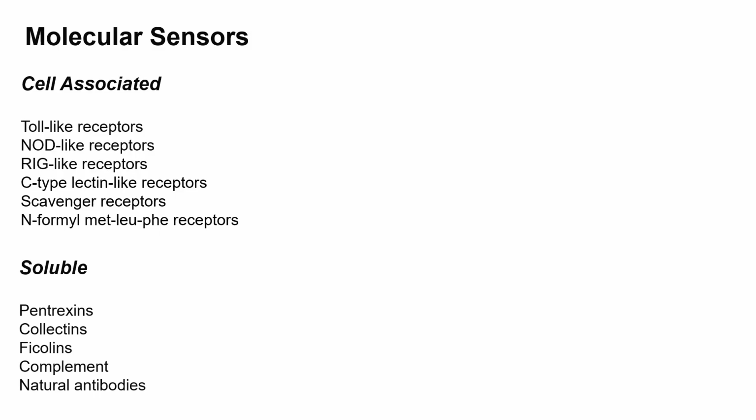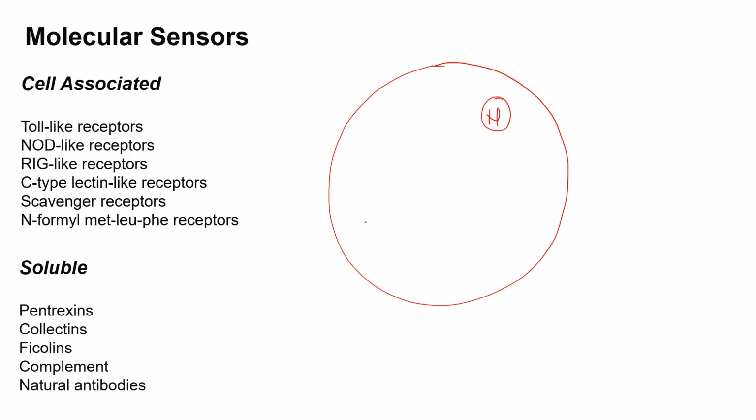These molecular sensors are classified as cell associated and soluble ones. Suppose this is a cell, and we have the nucleus and the cytoplasm. The sensors could be present on the cellular surface, or sometimes in the cytoplasmic area, such as here.